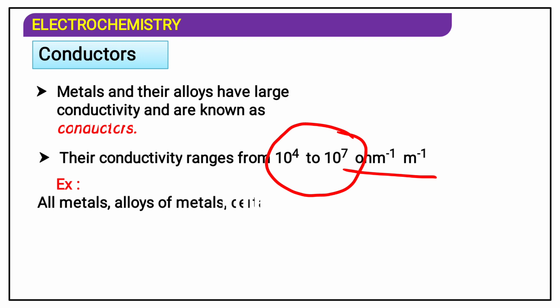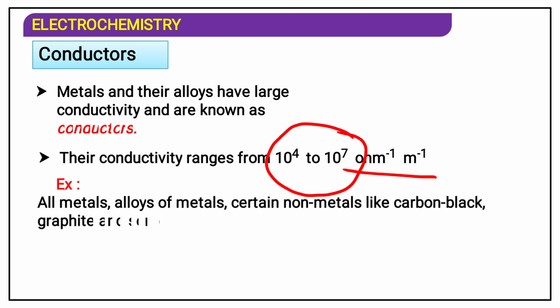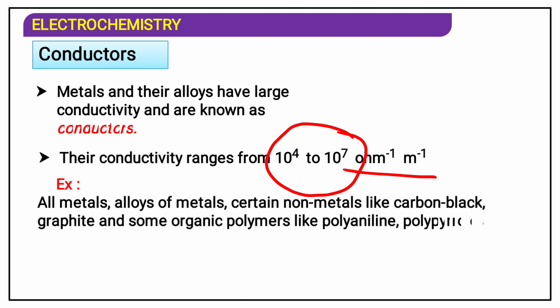Examples: so many metals, take sodium metal, certain non-metals like carbon black and graphite, and some organic polymers like polyaniline, polypyrrole, and polythiophene.